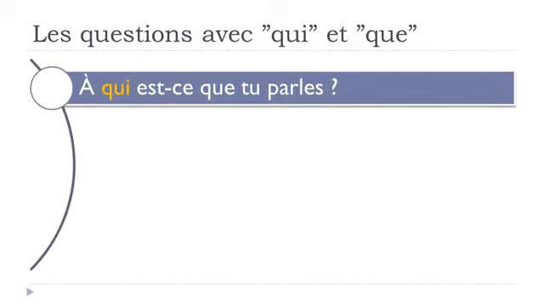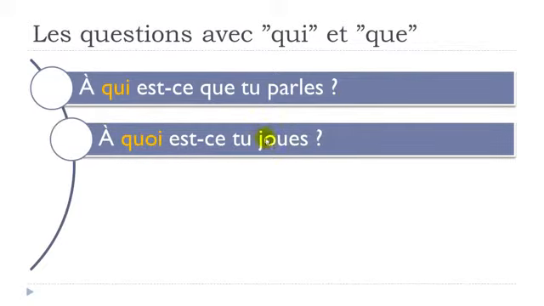À qui est-ce que tu parles? Okay, remember, so parler, to talk, is constructed with à, to talk to, okay? Parler à quelqu'un. So if you want to know à qui est-ce que tu parles, who are you talking to, okay? À qui est-ce que tu parles? So it doesn't change, you just need to first start with the preposition, and then you continue your structure, okay?